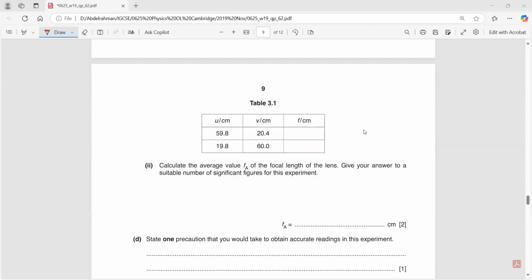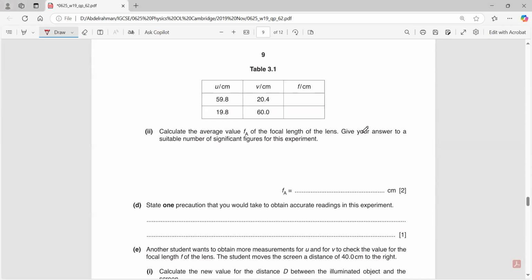So you just multiply 59.8 times 20.4 divided by 80, which is 15.2.